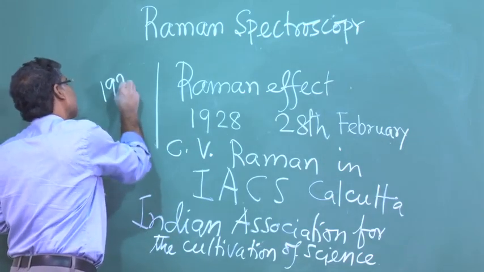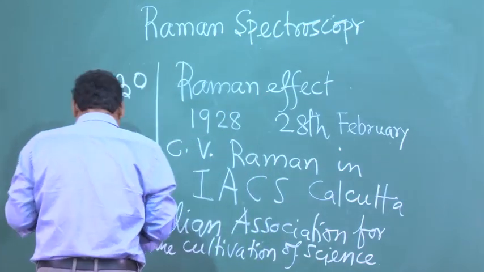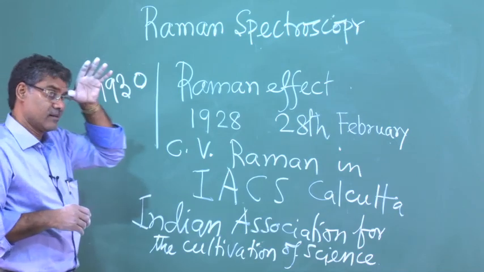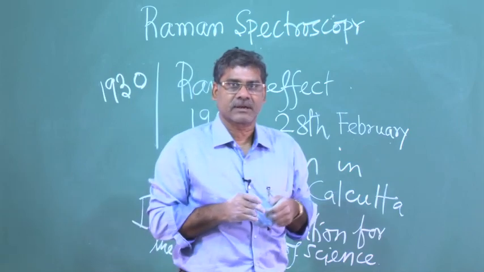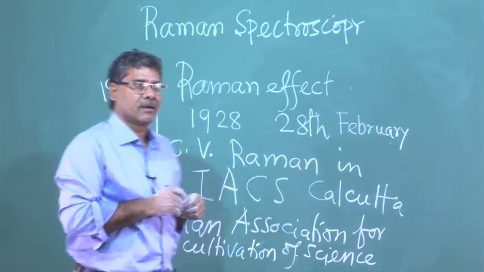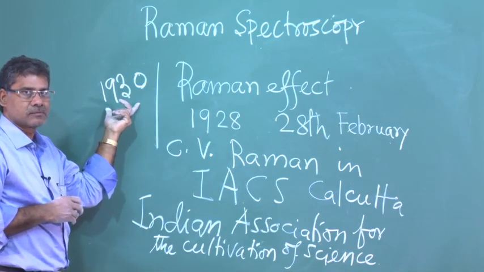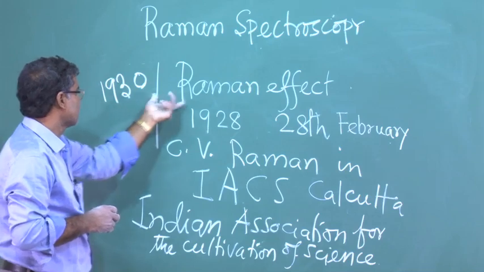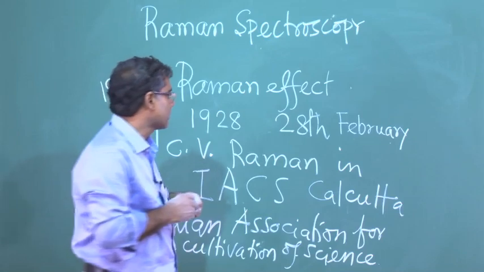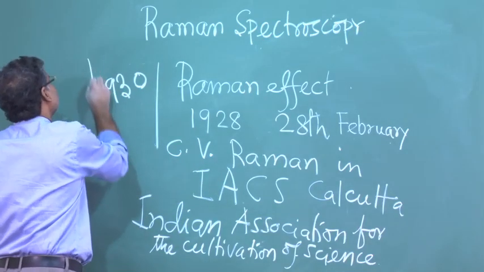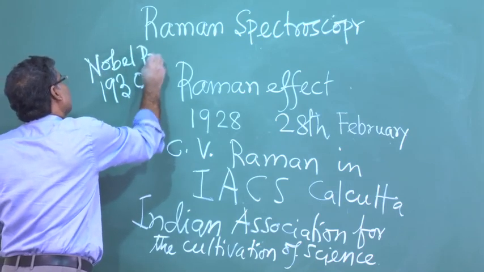So, in 1930 he got the Nobel Prize. This is the first Nobel Prize in physics got by an Indian, C.V. Raman. Before that, in literature, I think Rabindranath Tagore got it. So, Nobel Prize in 1930. Okay.